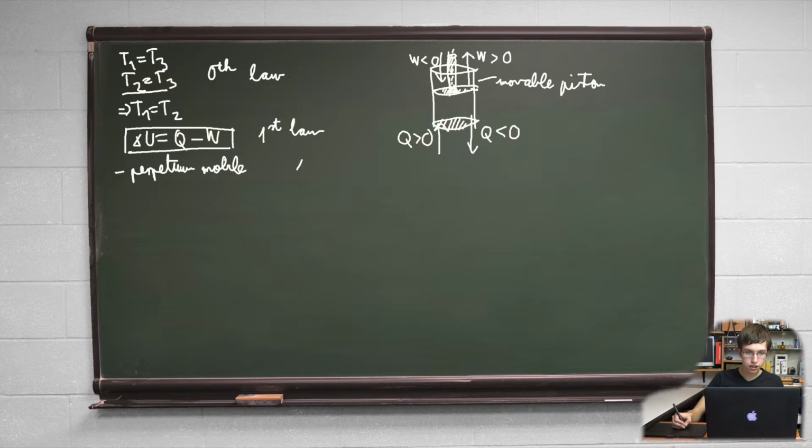So the change in the internal energy of the system should be 0, and then we apply the first law of thermodynamics, delta U is Q minus W. From this fact we get that Q is equal to W, meaning that all the heat is spent on the machine's work.